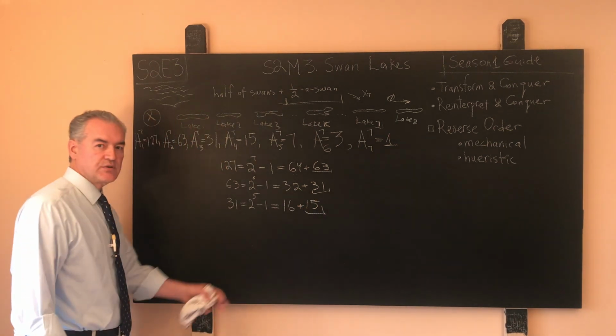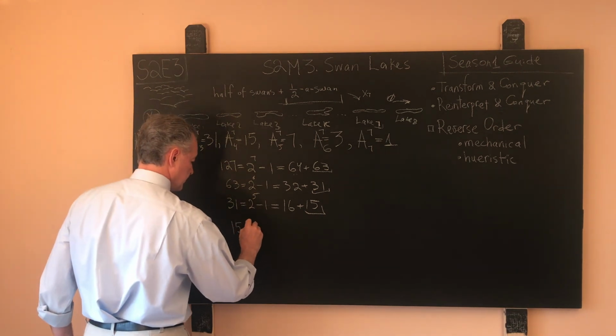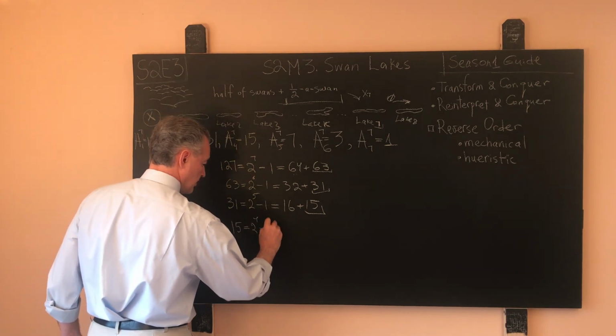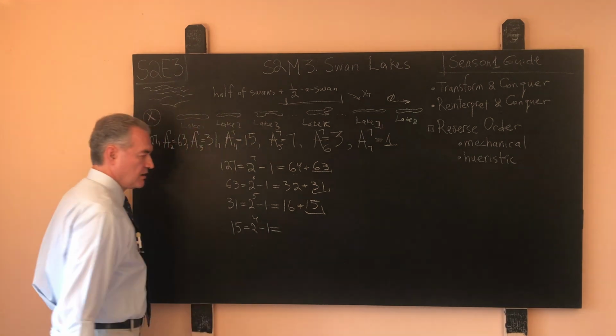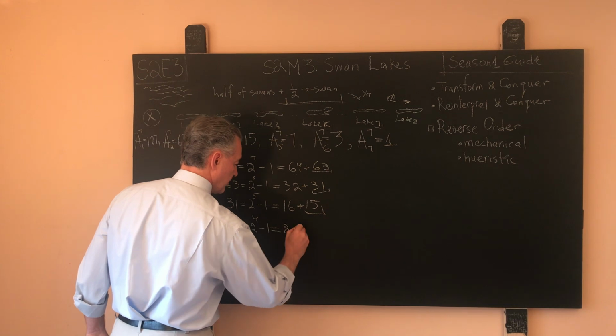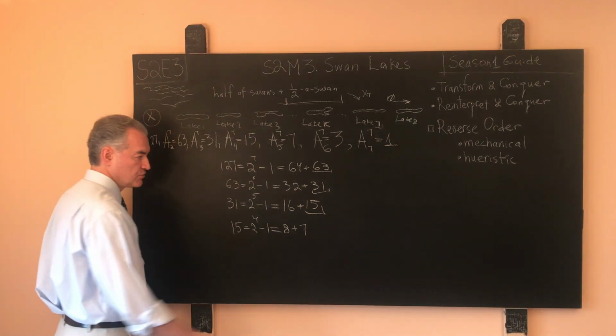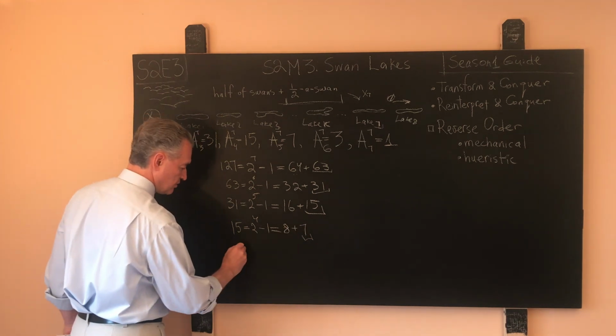Here again, we grab the number 15 and claim that this is 2 to the 4th minus 1, and represent that number how? As 8, a perfect power of 2, plus 7, a short perfect power of 2, and to the number 7 we apply the same maneuver.